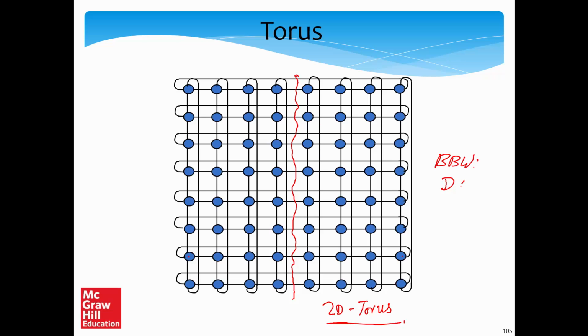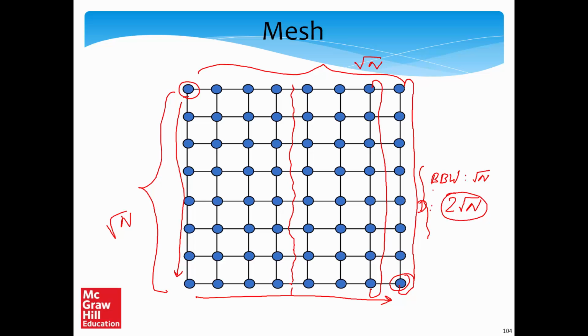But as you can see, instead of cutting root n links, we actually need to cut 2 root n links, because from this cut there are actually 2 links: 1, 2, 1, 2. We need to cut both of them to disconnect. Again, we need to cut both of these. So we have 2 times square root of n links that potentially need to be cut. So the bisection bandwidth as compared to the mesh is actually double, which is a good thing.